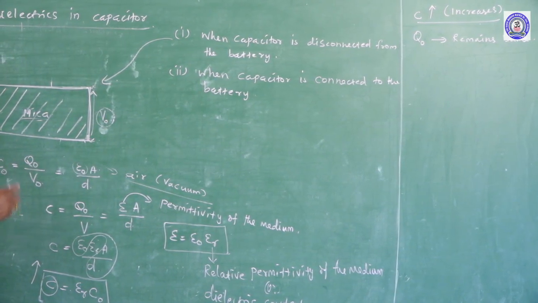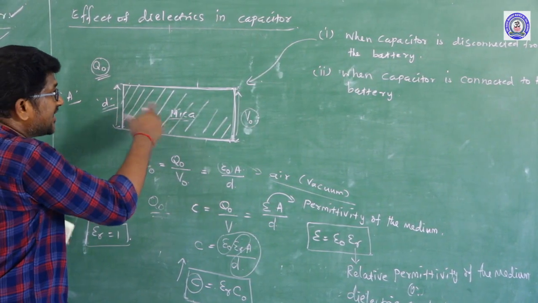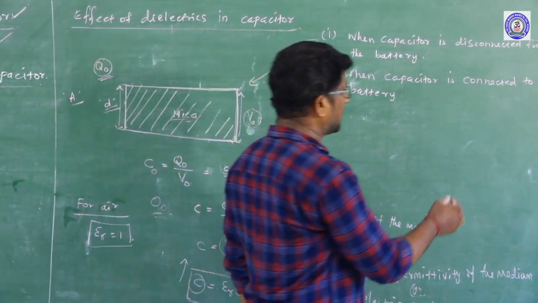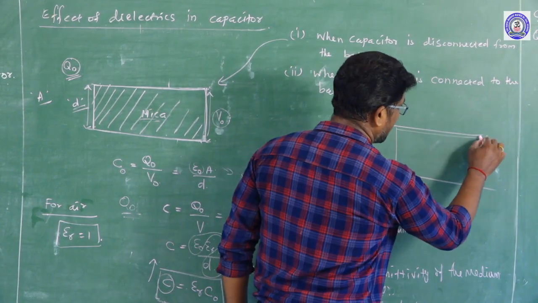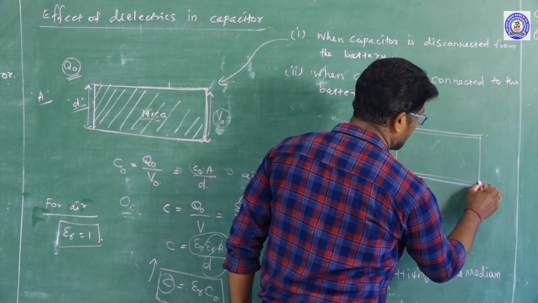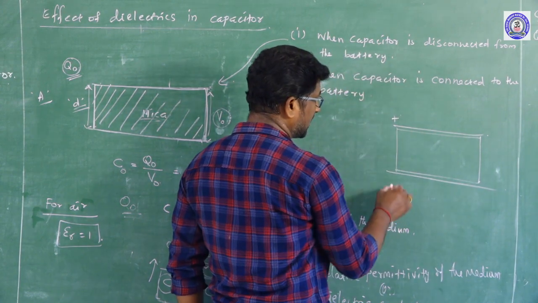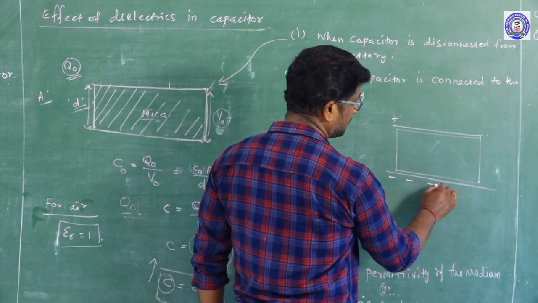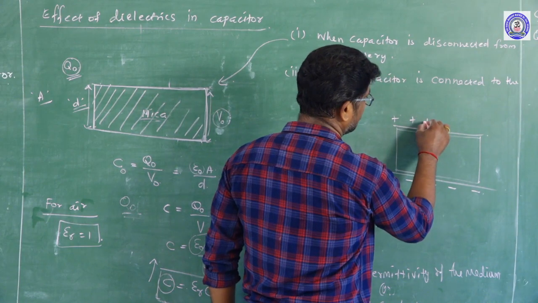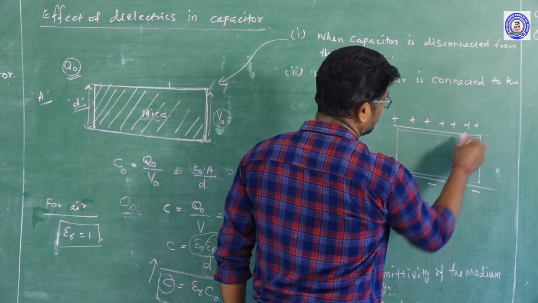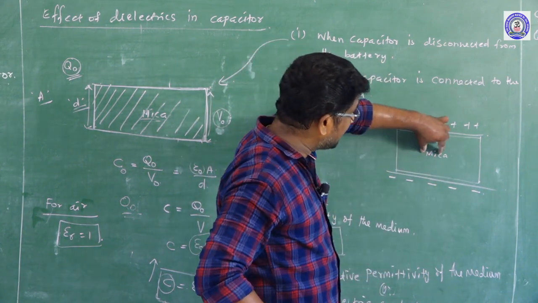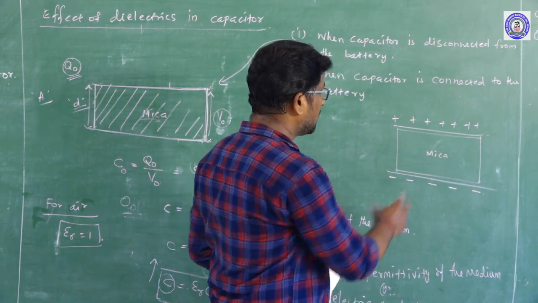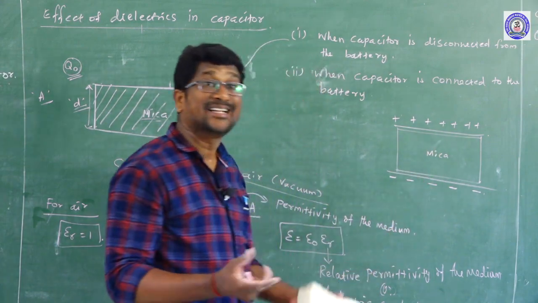Okay, here one more thing, when the dielectric material is introduced between the plates of the capacitor like this, if the mica material is introduced between the plates, so this is the positive plate of the capacitor, this is the negative plate. This is mica dielectric material. If the dielectric material is introduced between the plates, the dielectric material gets polarized.